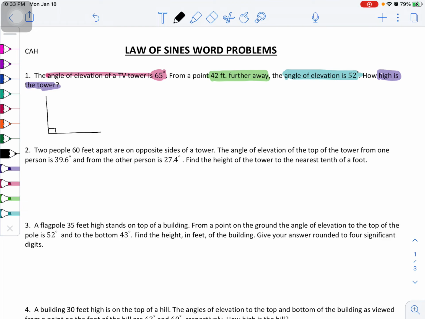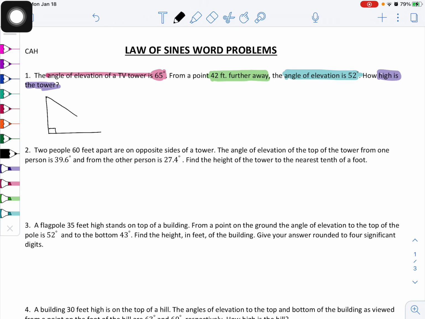At somewhere further away from the tower, there's going to be a right angle, because I'm going to assume, and this is an assumption you can make, that the TV tower is built perpendicular to the ground.